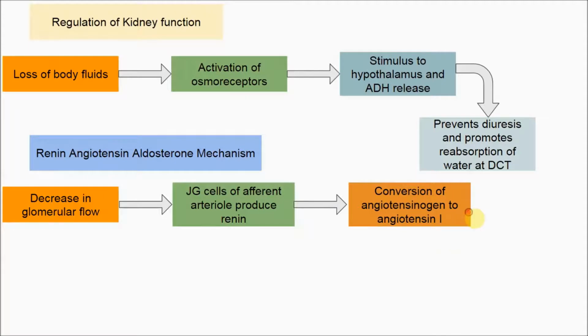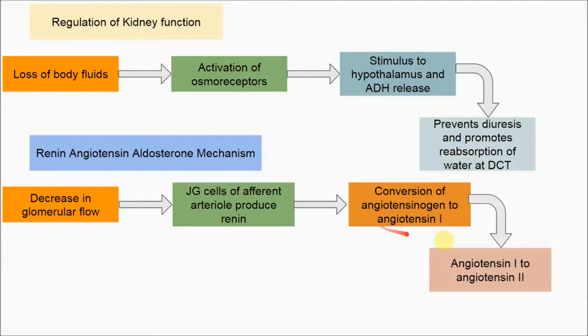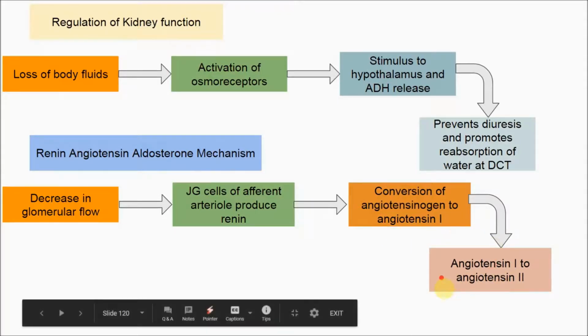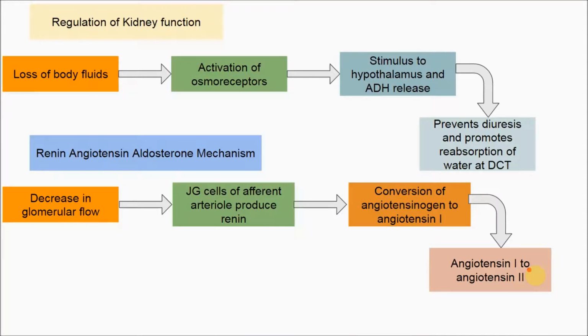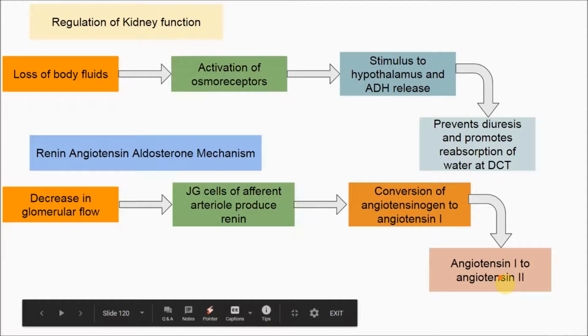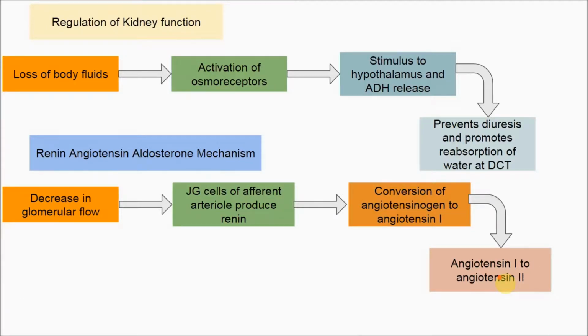However, this is not sufficient. Angiotensin 1 is not sufficient. It is again converted into a more potently active form called angiotensin 2, right? For this, a completely different enzyme is required. Renin is not required for the conversion of angiotensin 1 to angiotensin 2. It is mediated by another enzyme called ACE, angiotensin converting enzyme.